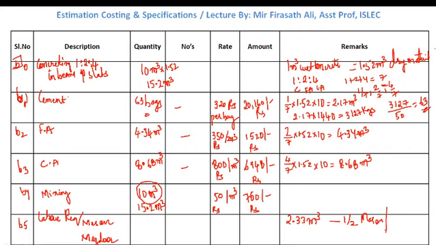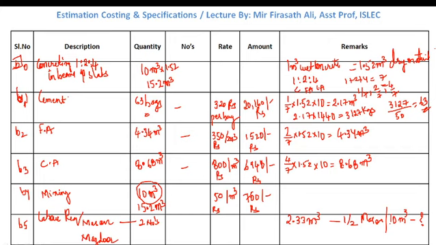So for 10 meter cube, how much do we require? If we cross multiply this, we will get the number of masons as approximately 2 masons.